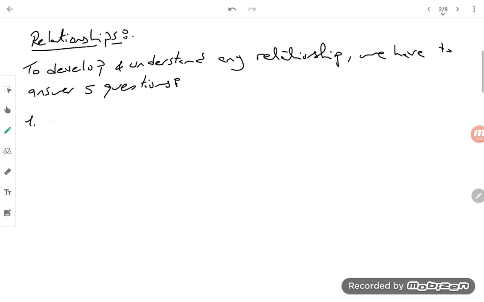Number 1, what are the variables? Okay, so we would like to study the relationship between income and consumption. So these are the variables under consideration. Number 2, which variable needs to be explained?